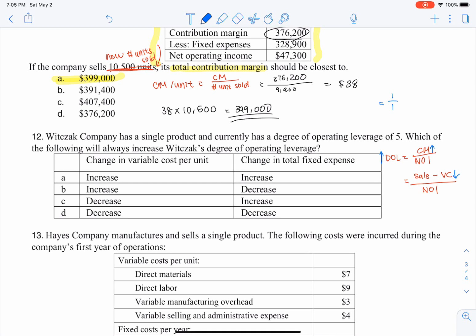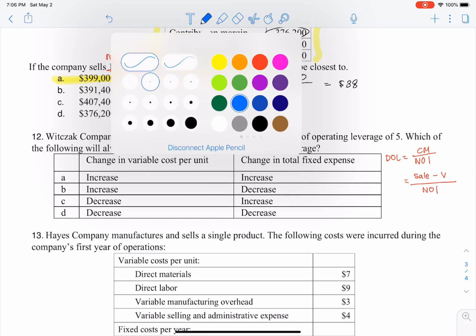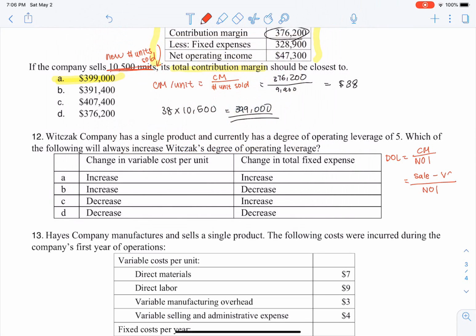So the degree of operating leverage is going to be 1. What if the contribution margin increases? For example, it's 2, and net operating income remains the same. Then our degree of operating leverage is going to be 2. So we can see the increase, right? If this number increases, the operating leverage is going to increase. Okay, so we know that variable costs decrease.